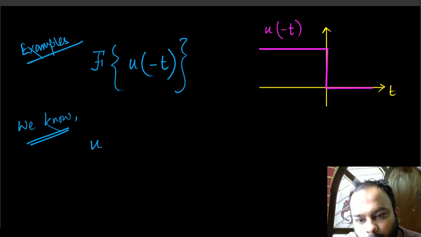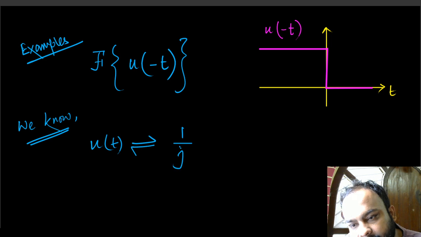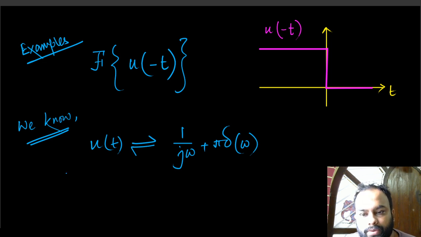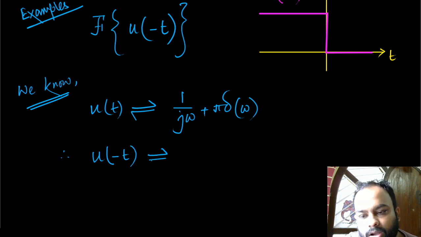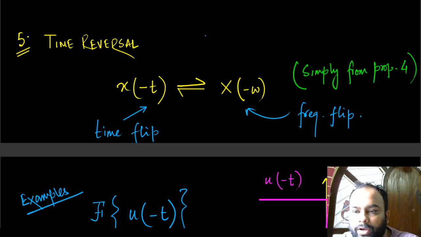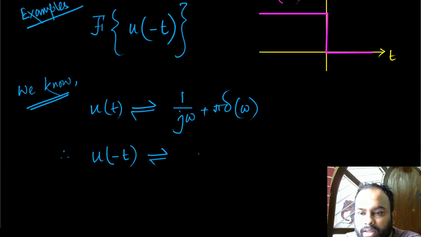That the Fourier transform of u(t) is 1 by j omega plus pi delta omega, right? Then my question is, what is the Fourier transform of u of minus t? From this property, we know that the Fourier transform of u of minus t would be simply replace omega with minus omega.